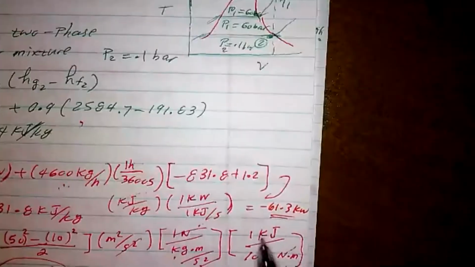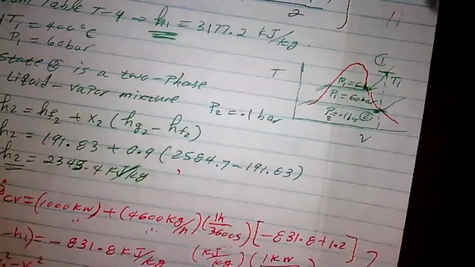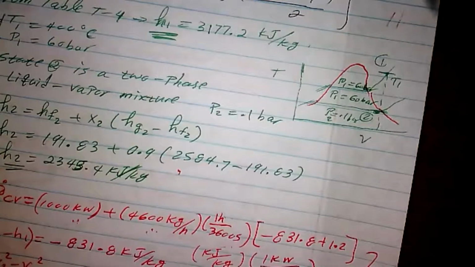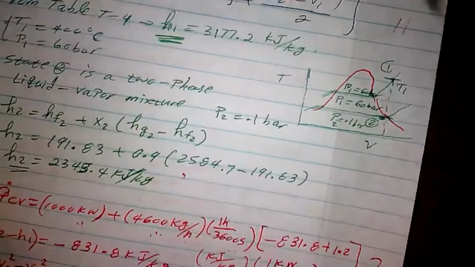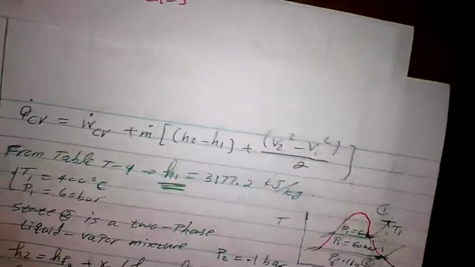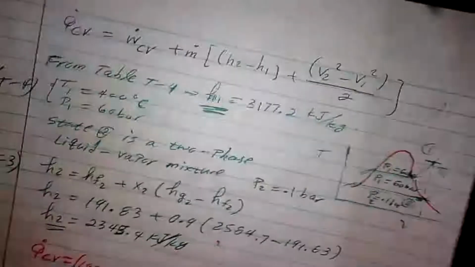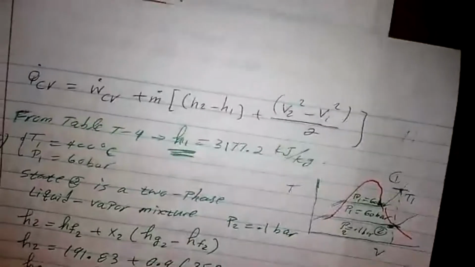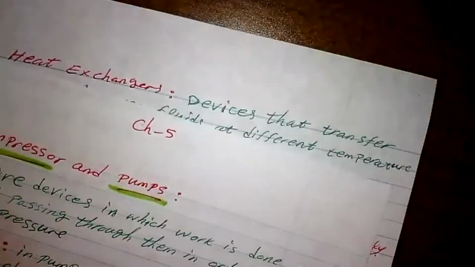So then you end up with minus 61.3 kilowatts. I'm going to give you a homework problem on turbines and compressors. So make sure that you check the units for each term and the final answer. If we want you to find the power or heat transfer rate in kilowatts, make sure the units balance. Okay, all right, so that's what we have in there.